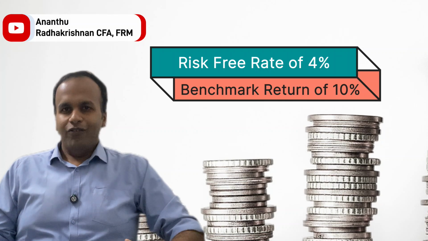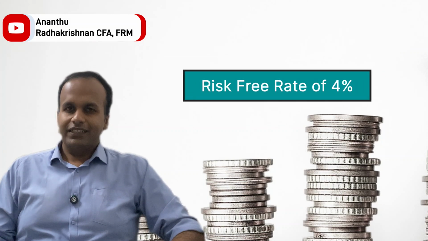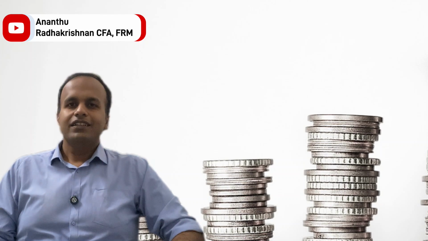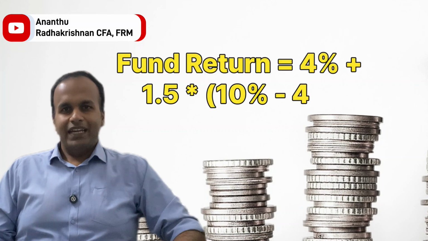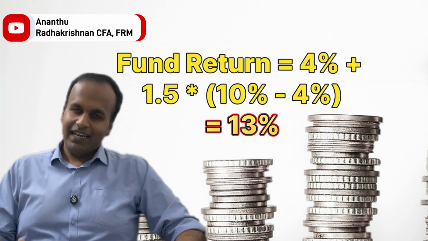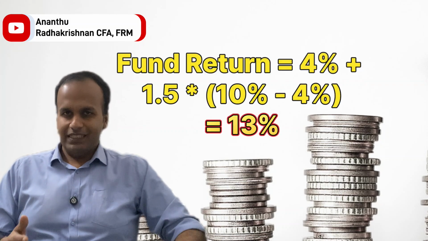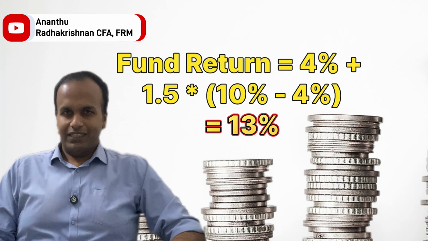Now if we calculate the fund return, it will be the summation of the risk-free rate and beta multiplied by the difference of the benchmark rate and the risk-free rate. The difference of the benchmark rate and risk-free rate is 10% minus 4%, which is 6%, multiplied by 1.5, which is the beta we assumed. We get 9. When we add this 9 to 4%, which is the risk-free rate, we get 13%.